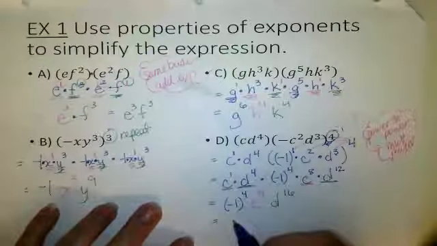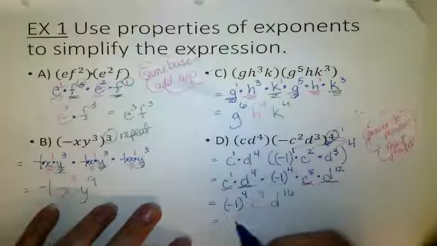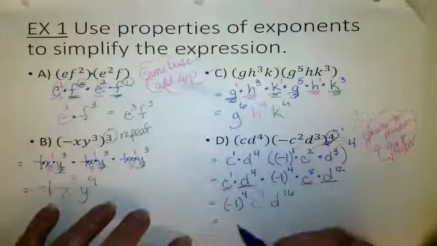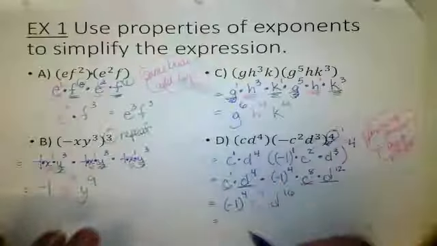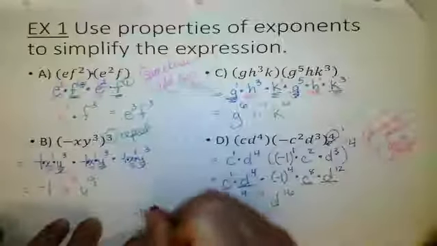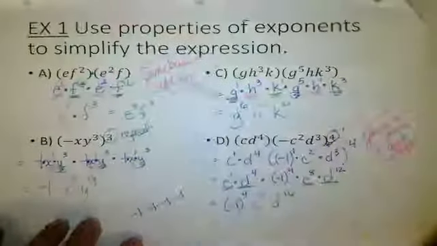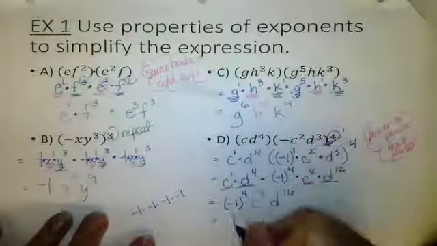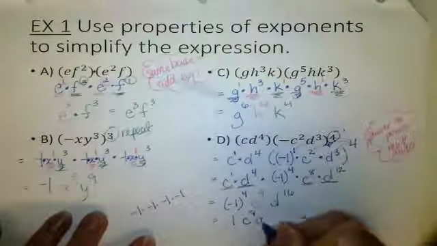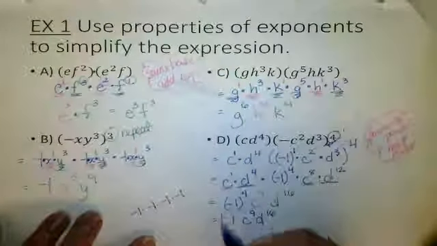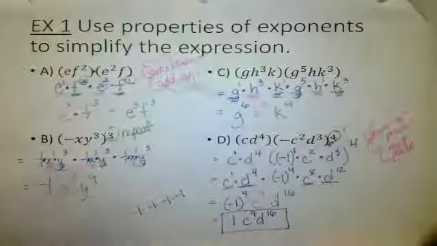The favorite answer is 4. It's not 4. What does it mean? It means -1 times -1 times -1 times -1, which is just a 1. Positive 1. Do you need to write the 1?